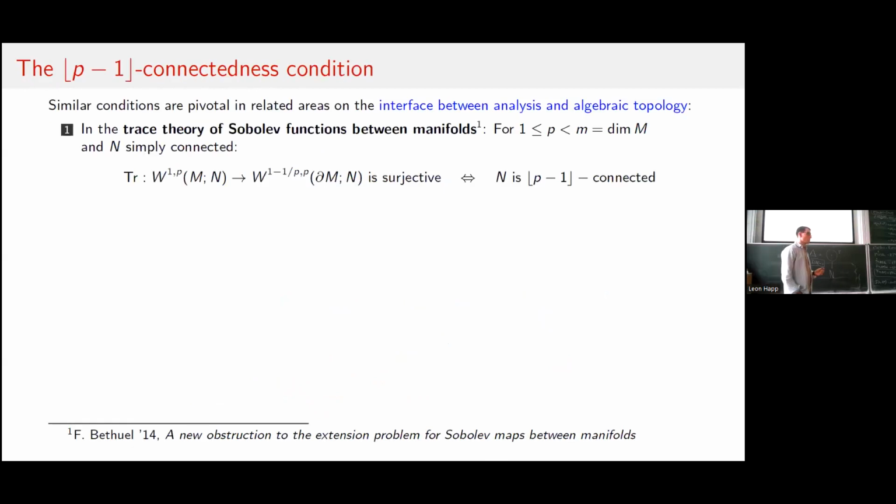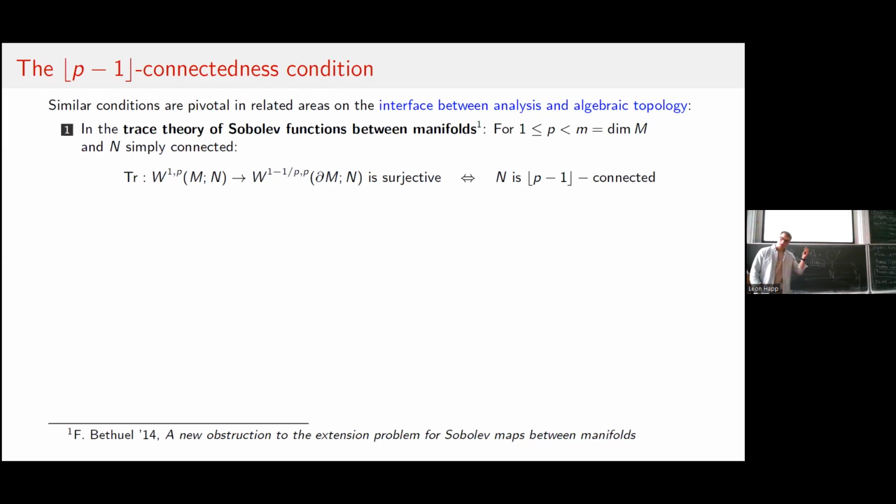Okay, some further words on this p minus 1 connectedness assumption. This pops up also in other places where you talk about extension of functions between manifolds. And interestingly, as you've seen with these topological arguments, our result sits right at the interface between analysis and algebraic topology. So it's no surprise maybe that also in other places which deal with this interplay, this comes up.